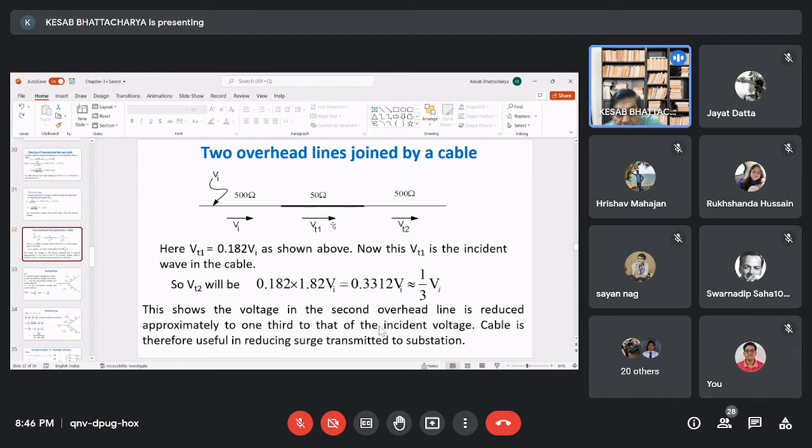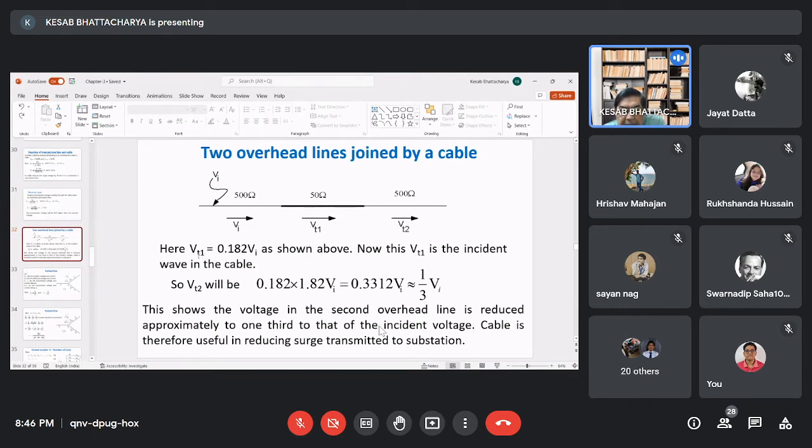Now, this voltage entering the cable again travels forward and finally reaches the second junction where it again finds another discontinuity, and obviously a part of the voltage is transmitted forward.